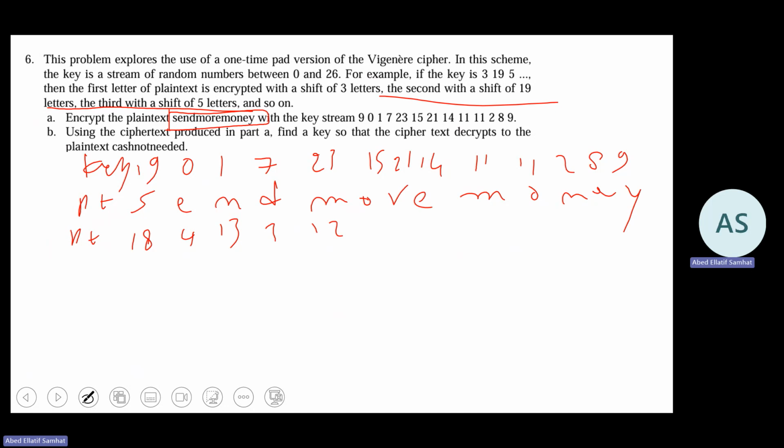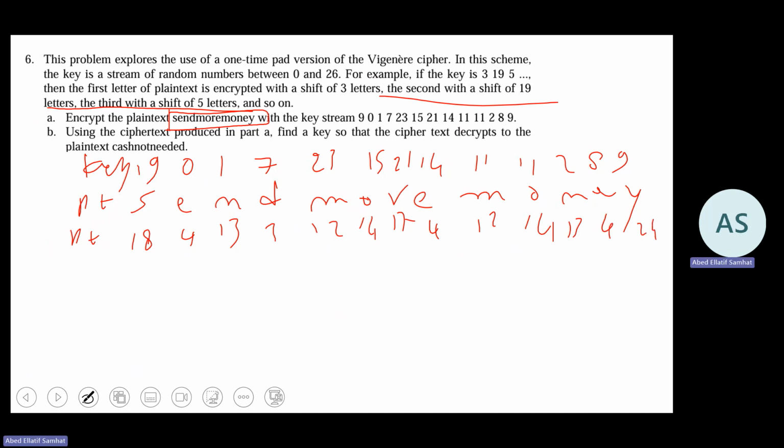O is 14. R is 17. E is 4. M is 12. O is 14. N is 13. And E is 4. And Y is 24.